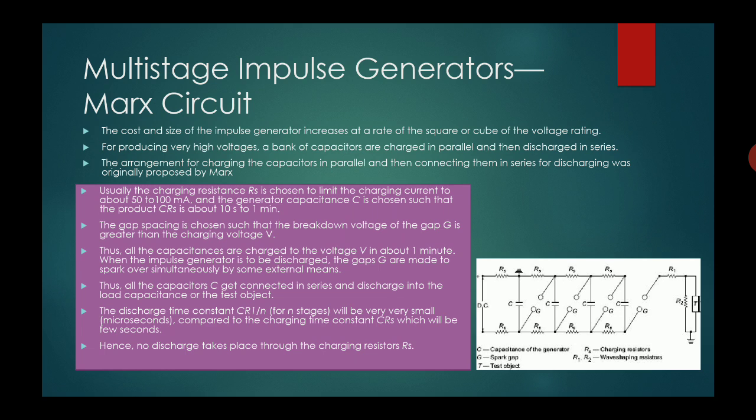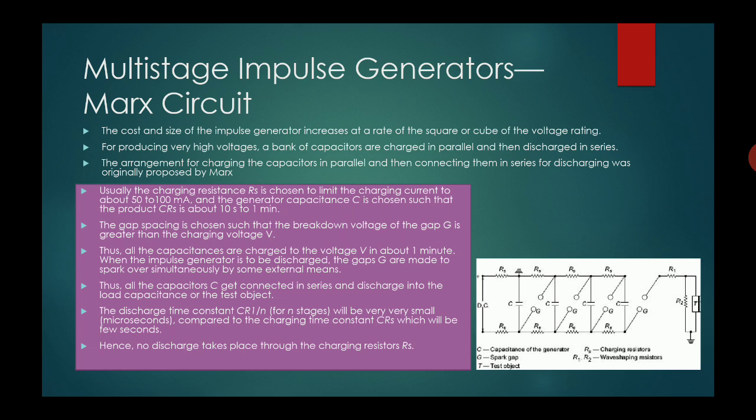When the gaps spark, the capacitors are turned into series. The discharge time constant C R1 by N for N stages will be very small, in microseconds, compared to the charging time constant C Rs, which will be a few seconds.